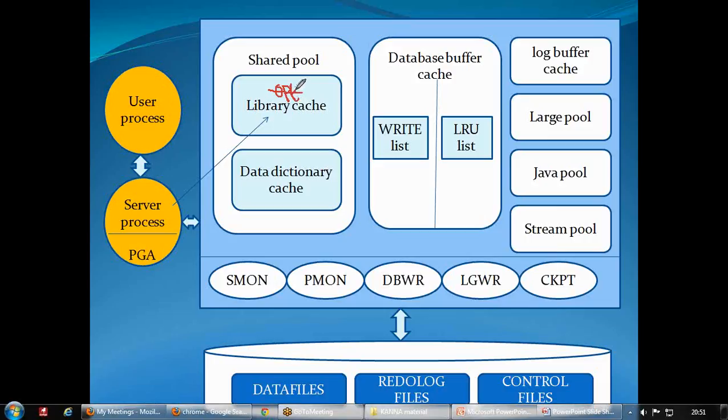This component's task is to generate the plans for the statement. So what exactly does this optimizer mean, and why is it going to generate different plans, or first of all, what does this plan mean? Now a plan is something like a map. Here you have, let's say, a source and a destination. I hope everybody has observed Google Maps.